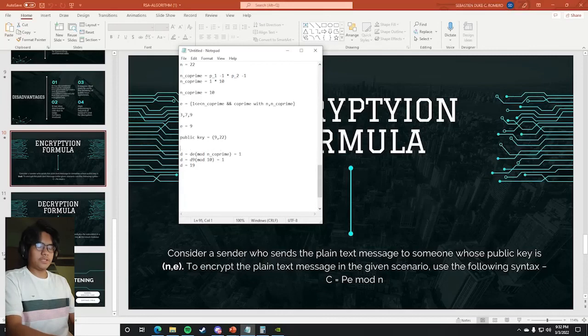Now how do we get D, the private key? The private key isn't random. D times E mod the number of coprimes is equal to 1. So if we do this, it becomes D times 9 mod 10 is equal to 1. 10 is the number of coprimes and 9 being the E. So how did I get 19?